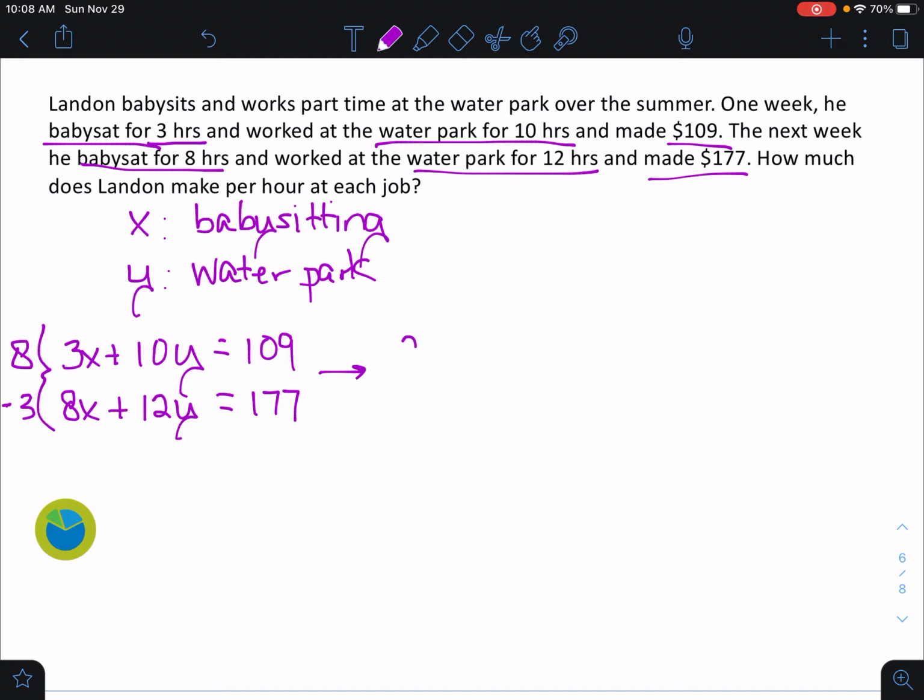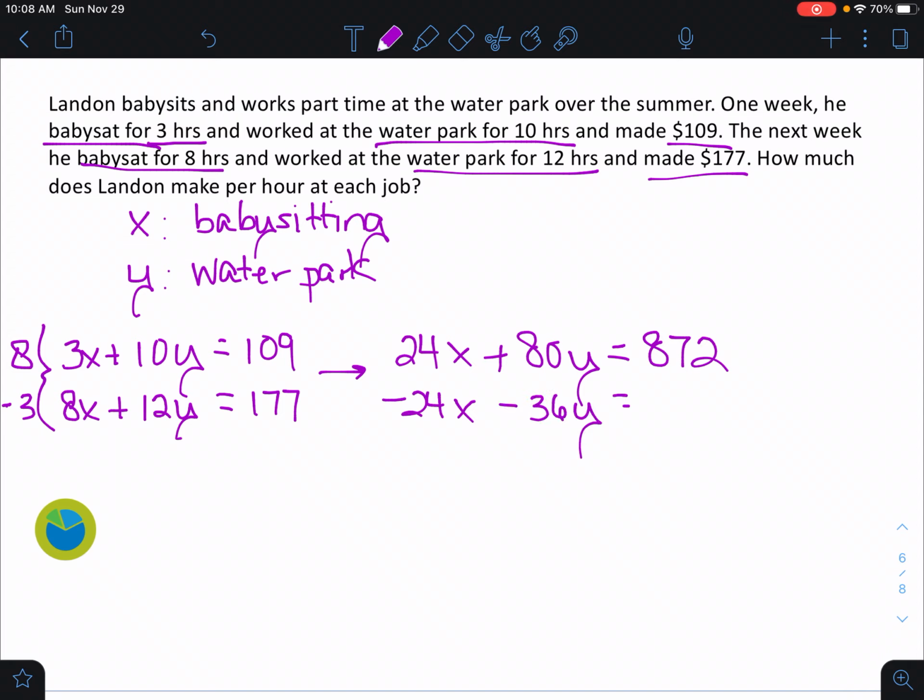So this is going to give me 24x plus 80y equals 872. Okay, and then the next one, negative 24x minus 36y equals, let's type that in, make sure, negative 531.